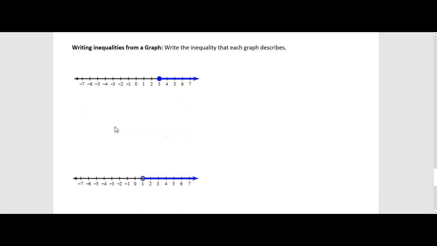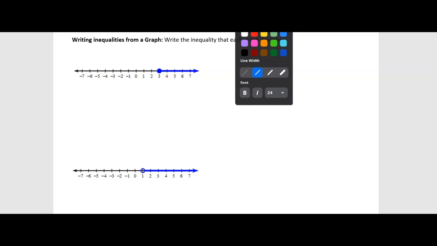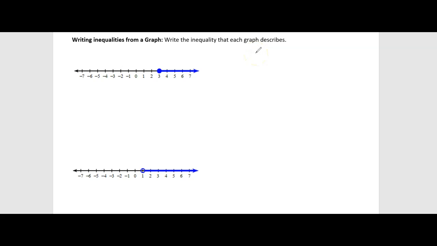What we're going to do is move on to a little bit of a different concept where we go from a graph to an inequality. So we're just going to do two examples. I have two graphs, and I need to write the inequalities that match them. So I'm just going to use the variable x. I'm going to start with x.